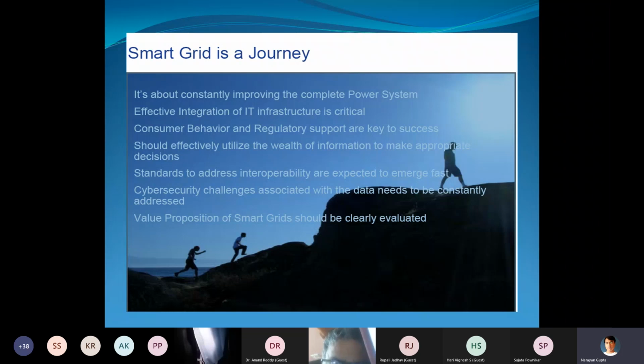Sir, is this visible? Is the slide visible? No, sir. It is not visible, sir.